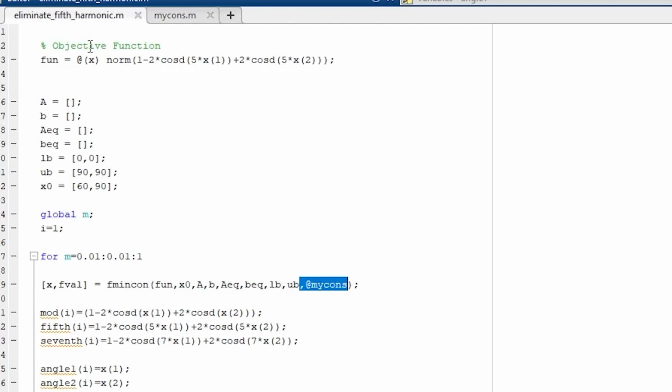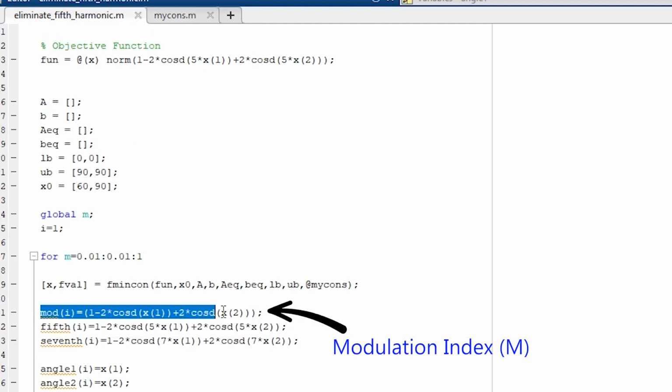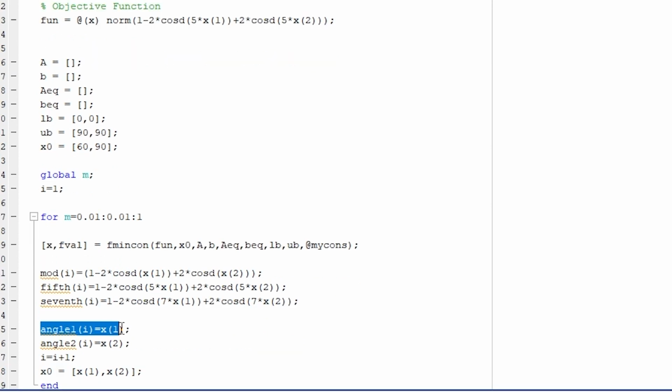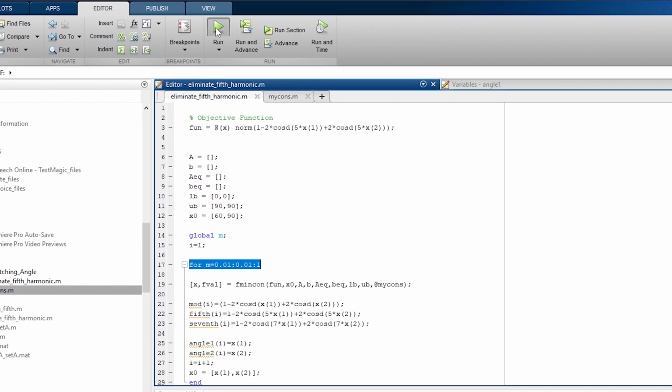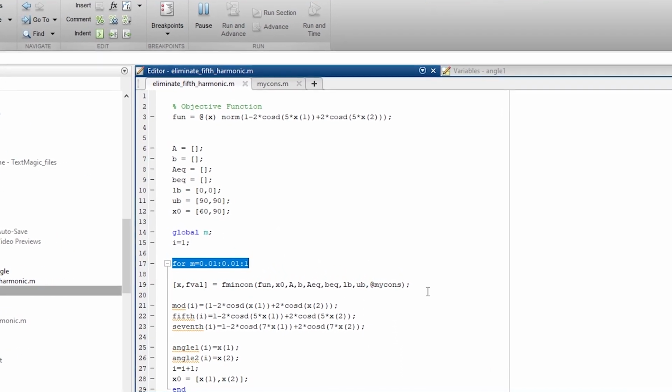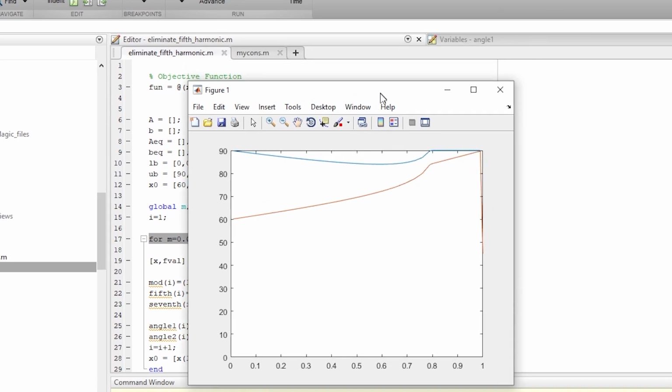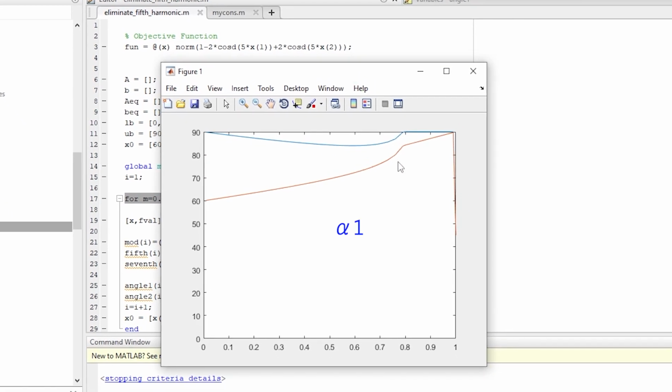Then we calculate the value of modulation index. Here we store the switching angle values in these arrays. For every iteration loop, we change the value of modulation index by 0.01. So let's run the program and we have the graph for switching angles alpha 1, alpha 2 with respect to the modulation index.